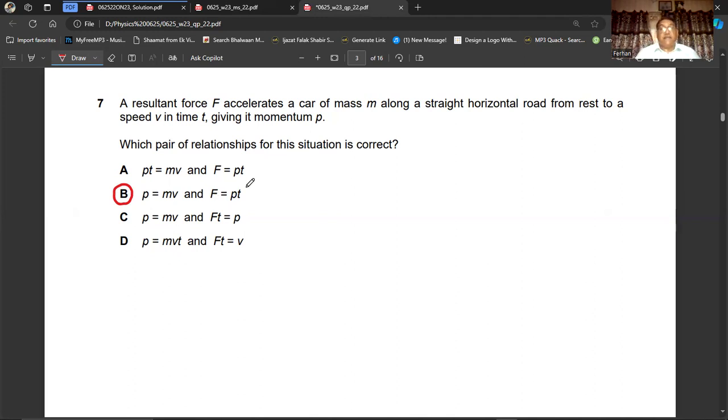Momentum multiply, wait, wait. Momentum is, wait a minute.